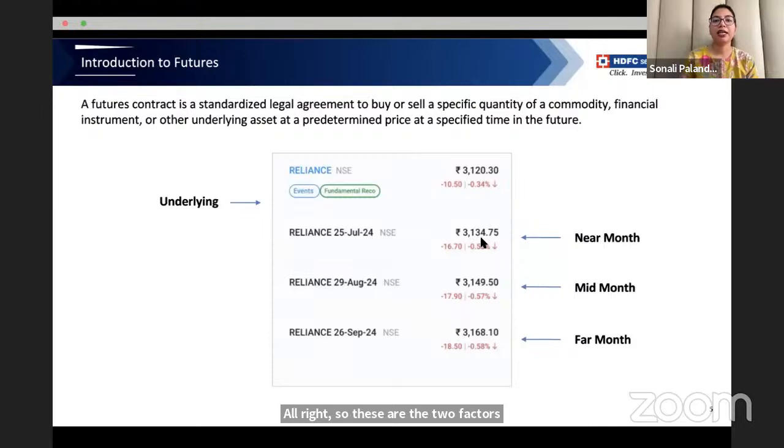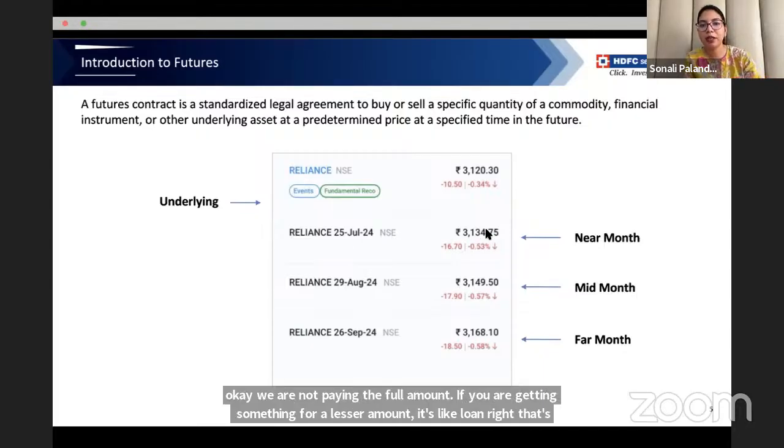As we discussed, whenever we trade in derivatives, let's say futures, we are not paying the full amount. If we are getting something for a lesser amount, it's like a loan, right? That's why the risk-free interest rate comes into the picture. So we are paying something extra as interest over here.